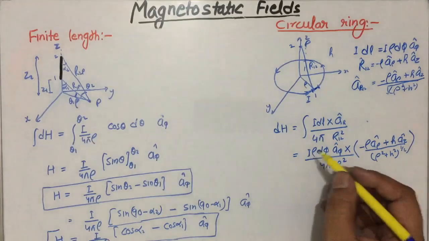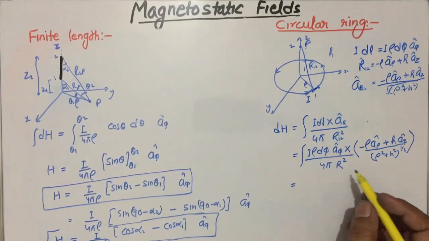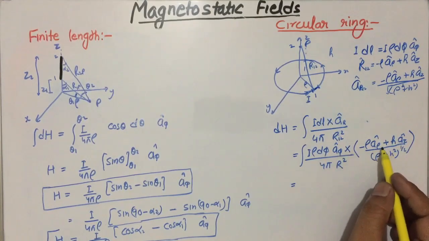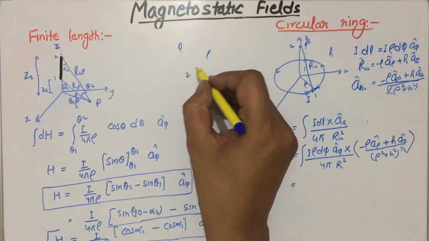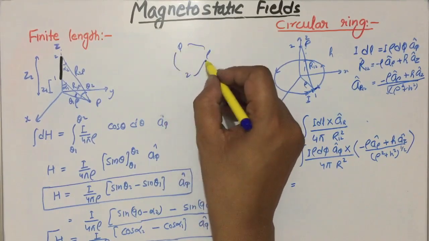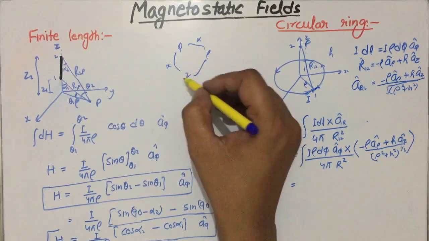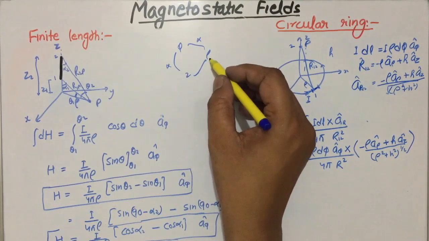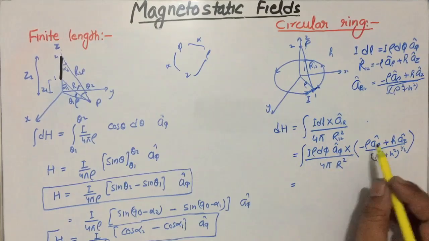Okay, just simplify this. That will give a phi cross a rho. So this is rho, this is phi, this is z. The cross product of this will give this, and this will give this. So here we are doing the cross product of a phi and a rho.